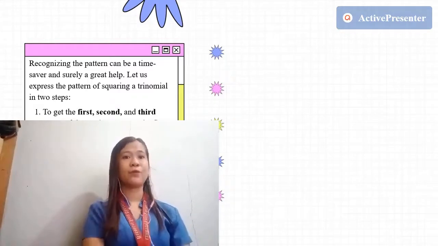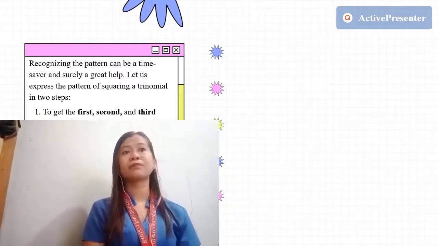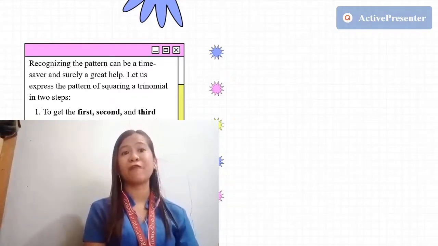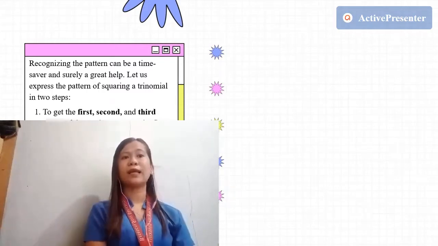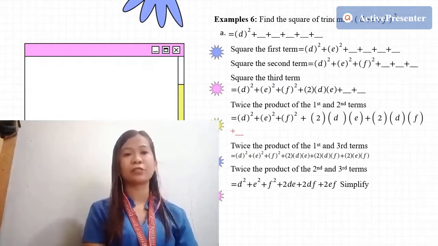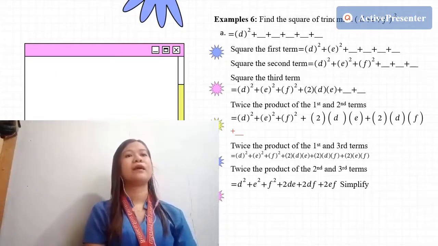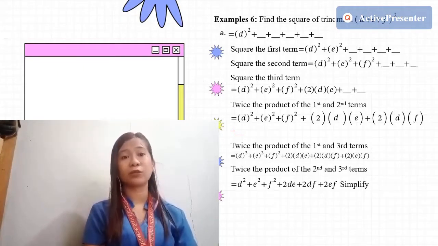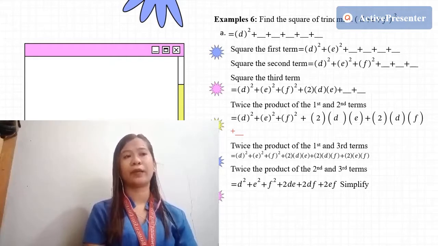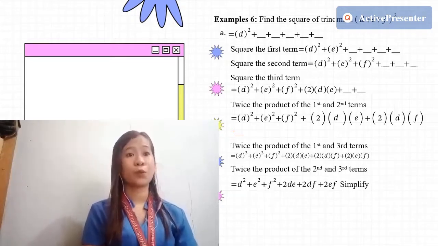Number 1, we have the trinomial d plus e plus f squared. So let us find the square of the first term. We have d squared. Next, square of the second term. So we have e squared. And square of the third term, we have f squared.